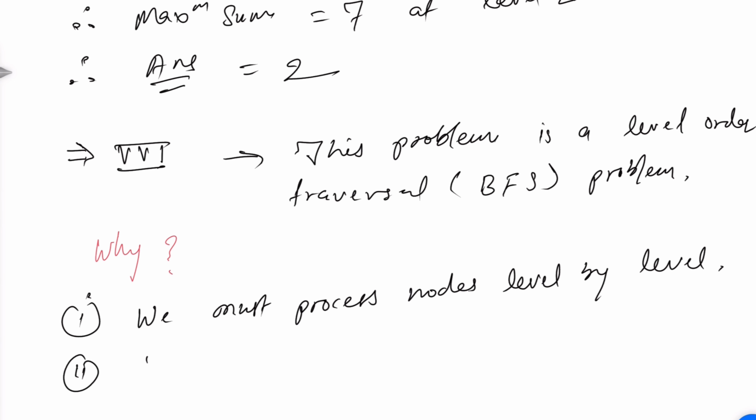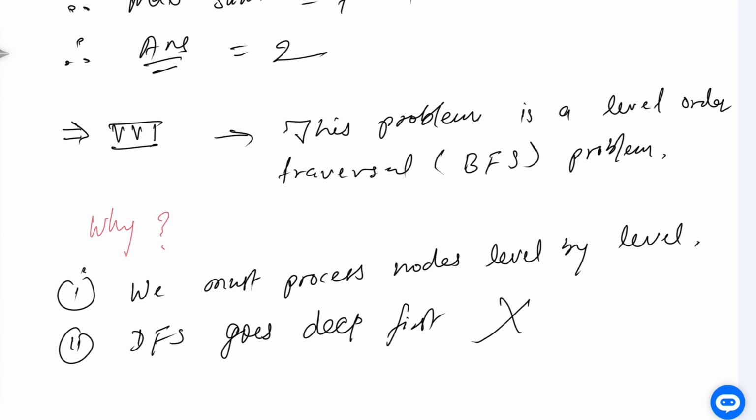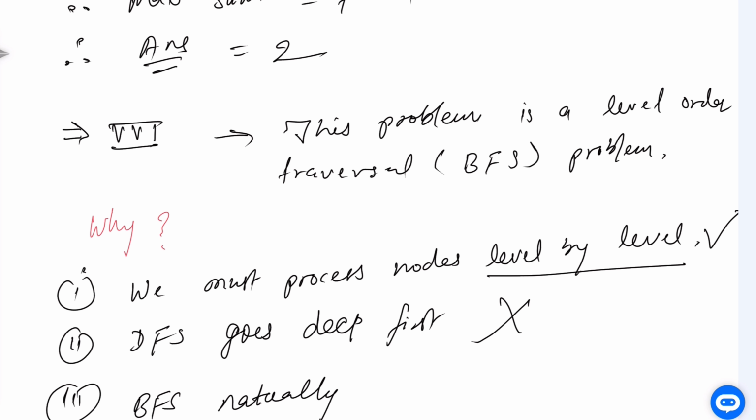If we try DFS, it will go very deep first, which is not recommended. But if you go level by level, it is recommended. It means BFS naturally groups nodes level by level.